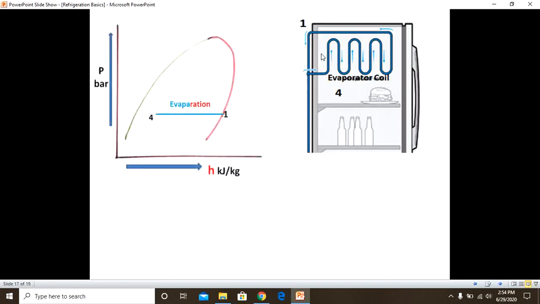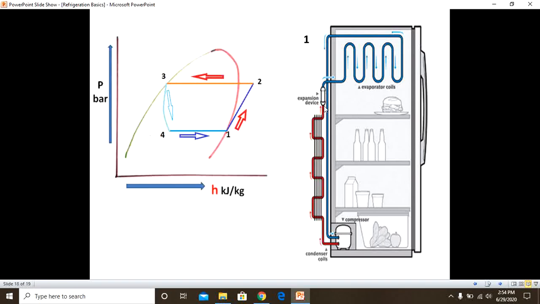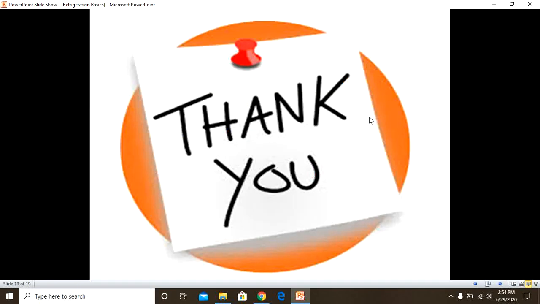Next, after the evaporator, 1 to 2 compressing, 2 to 3 condensing, 3 to 4 expansion, and then it will be circulated in your refrigerator system. This is how your refrigerator system works. Thank you.